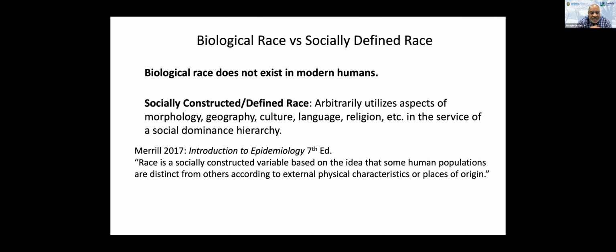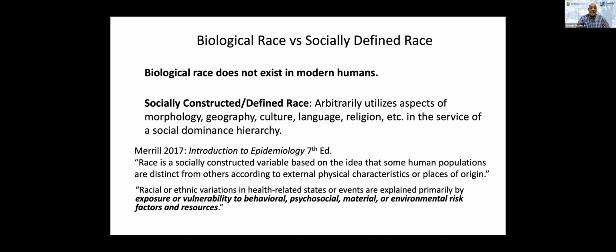Now, this is an idea that's gaining more traction in biomedical research. For example, Merrill's Introduction to Epidemiology, 7th edition, states, race is a socially constructed variable based on the idea that some human populations are distinct from others according to external physical characteristics or places of origin. Next, please.